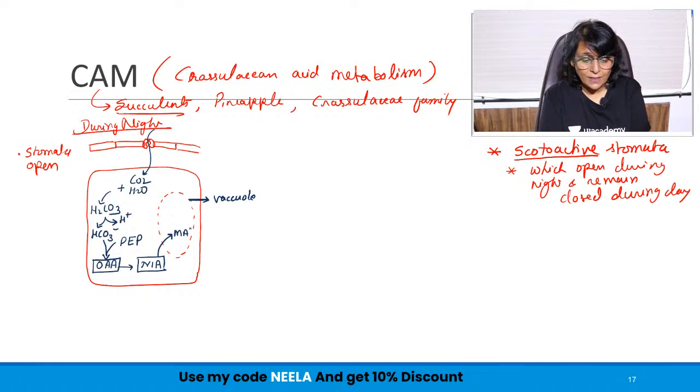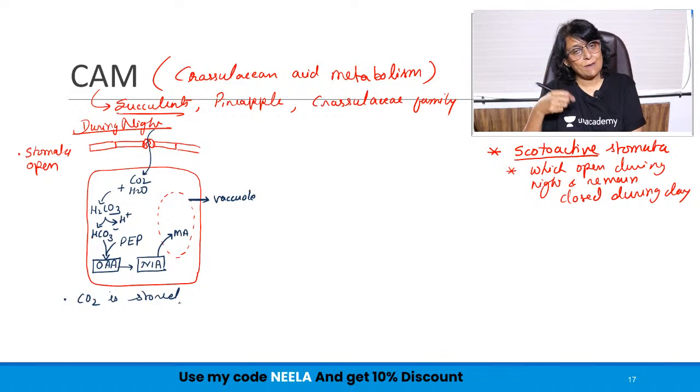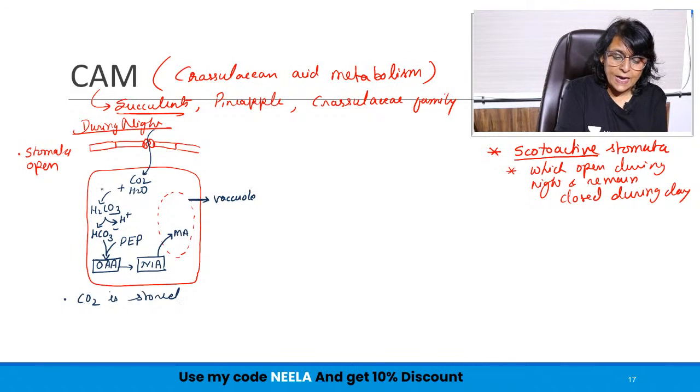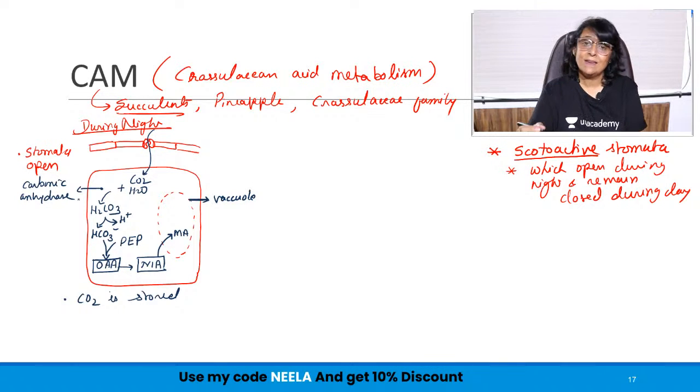So during night time, carbon dioxide is stored. How is it stored? Stepwise manner. First it reacts with water to form carbonic acid. Here the enzyme which is helping is carbonic anhydrase, and then malic acid is stored in a vacuole. This is what is happening during night time.